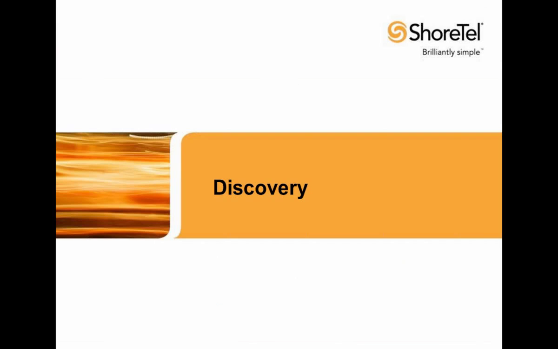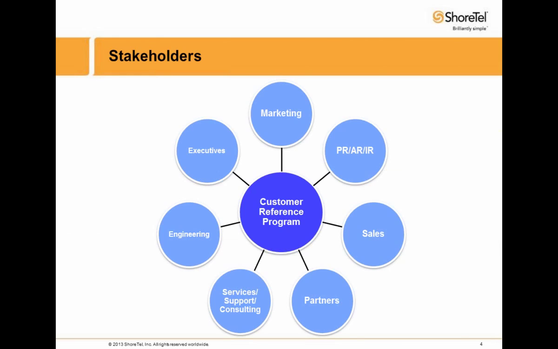So discovery. The first step before you do anything is you should do discovery. This is an important part of building your program right, so you need to take the time to do diligent discovery. Now, the first thing I like to do, and is highly recommended, is identify your stakeholders. This is an important key to building a successful reference program, is you need to know and have support from your right stakeholders.